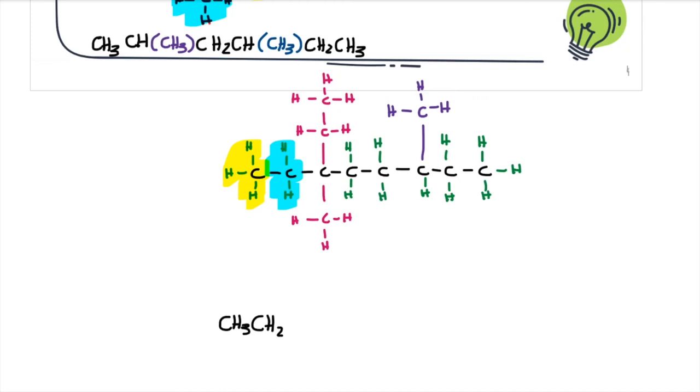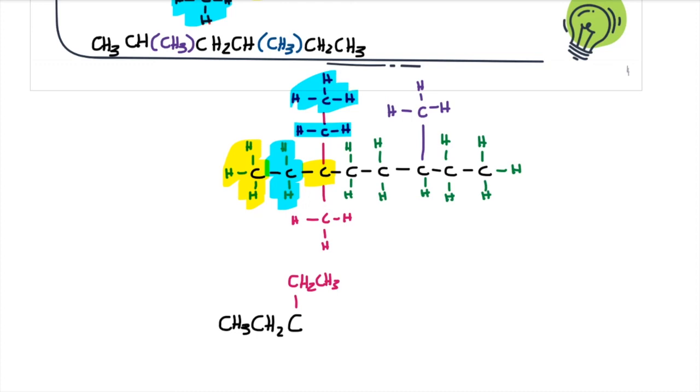The next carbon has 2 substituents, 2 branches attached to it. So we're going to write down C, and then we are going to, in a sense, draw in these branches. We draw in a line over here, and then we say CH2, CH3, where the CH2 is this part and the CH3 is this part of the branch.